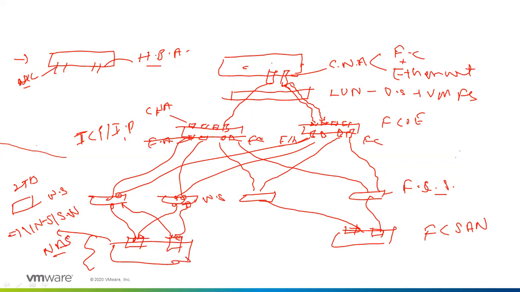Now instead of searching for a LUN and creating a data store, this time when you create a data store, you will select NAS, NFS. When you select NFS, it will ask you for the target server details. And once this share is connected, everything is fine.